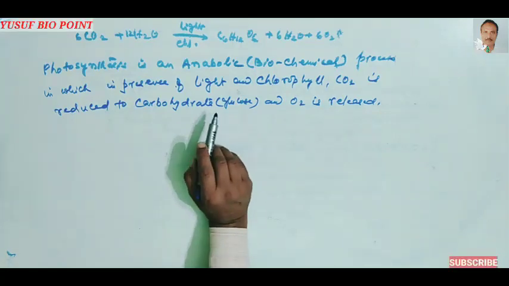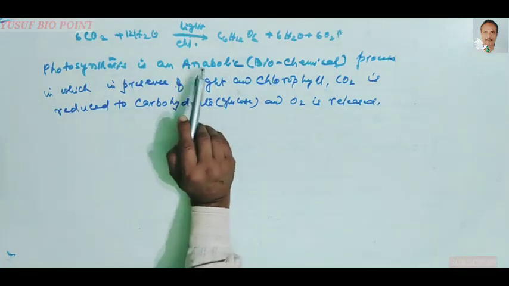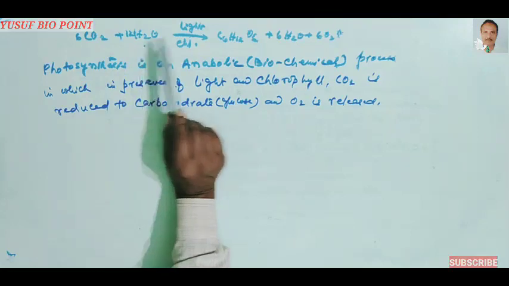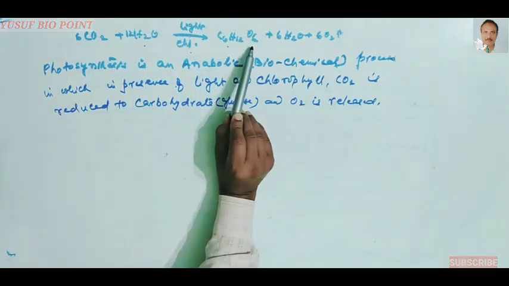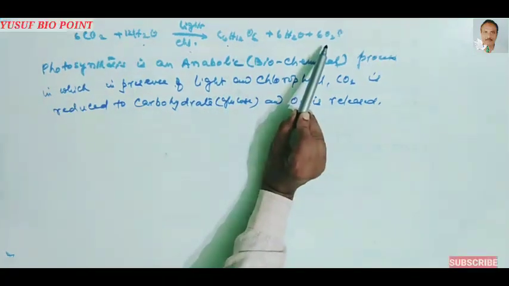So CO2 and H2O in the presence of light and chlorophyll combine to form C6H12O6, and O2 is eliminated.